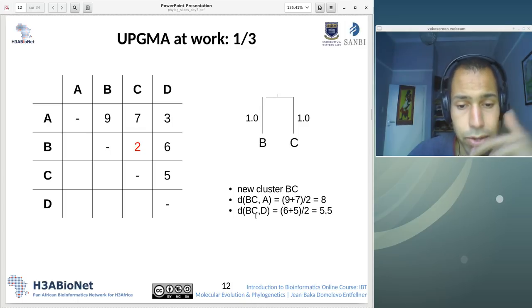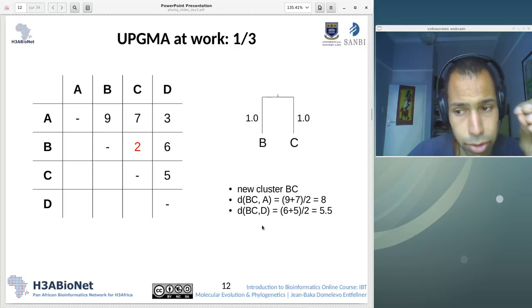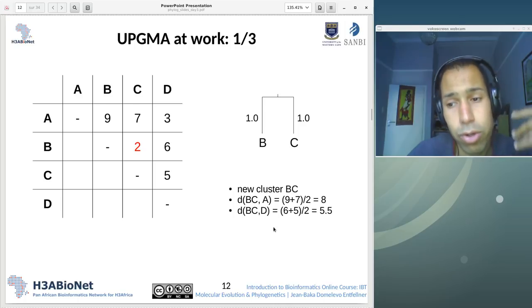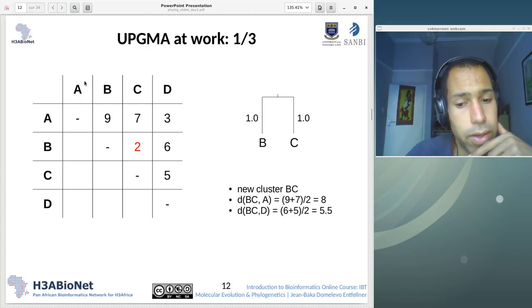Okay, so now in the next slide you're going to see a modified distance matrix that we're going to work with, and this modified distance matrix is a matrix 3 by 3. Okay, and you have A, B, C, and D, and here similarly A, B, C, and D. And this new matrix is now formed of these new values that we calculated and the former distances.